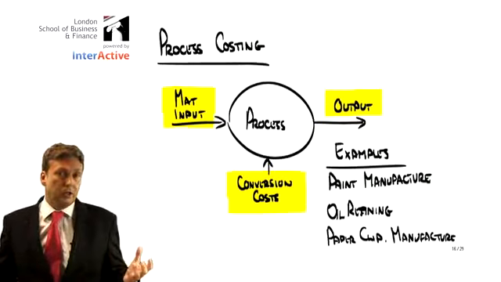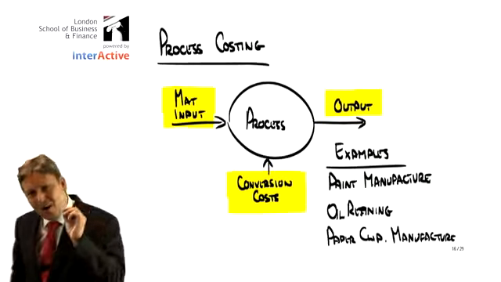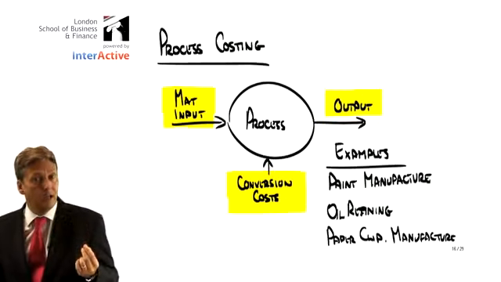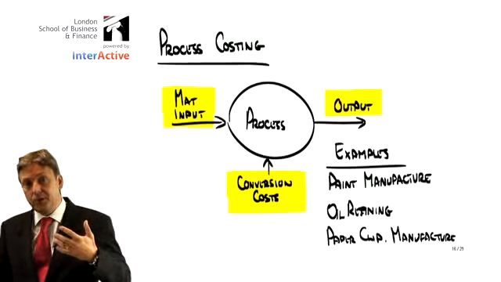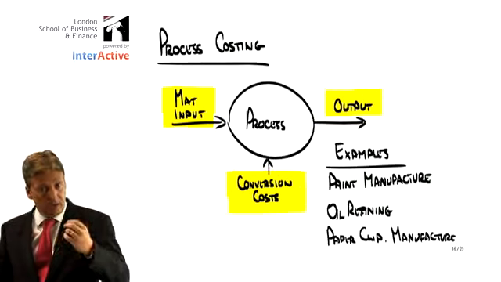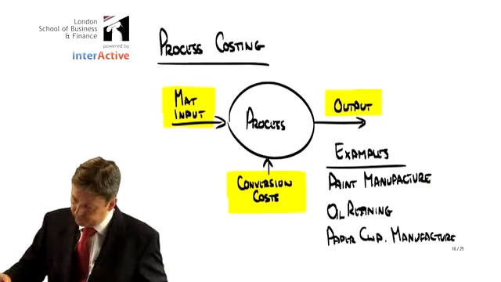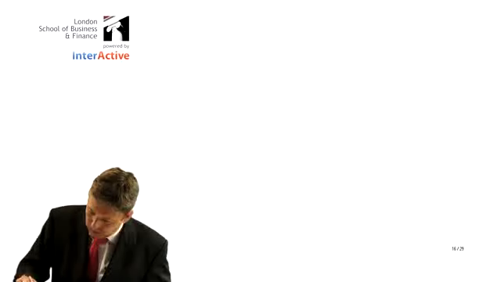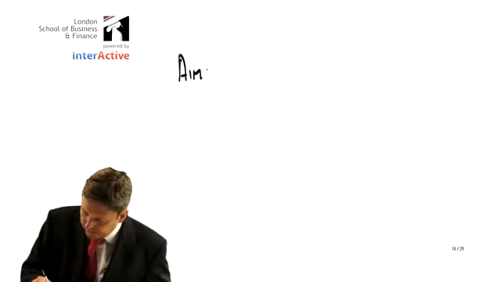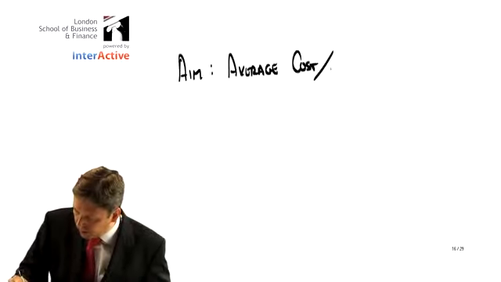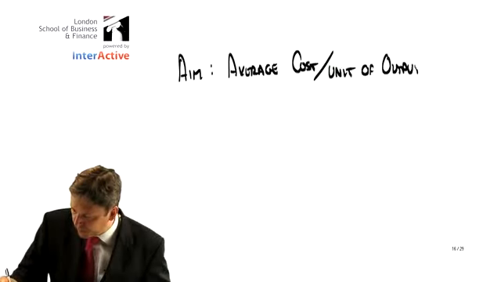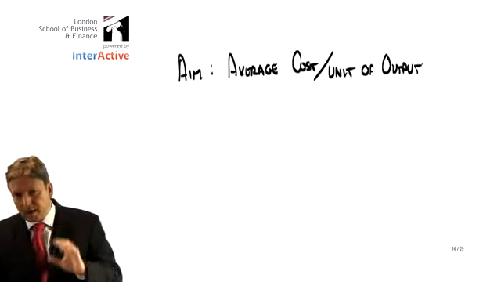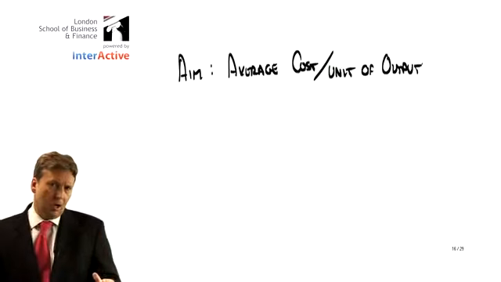And so all we're going to do throughout process costing, however complicated it may become, is to average the cost over the output. Our aim is to establish an average cost per unit of output. If we remember that all the way through what we're doing now, we're not going to have a problem.